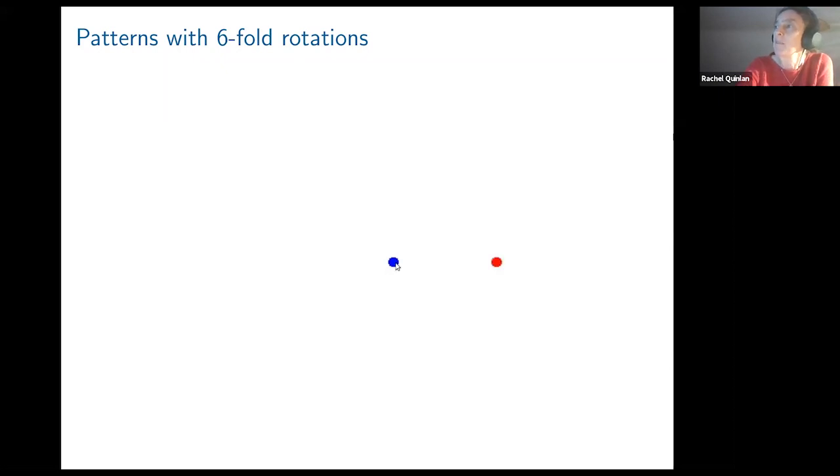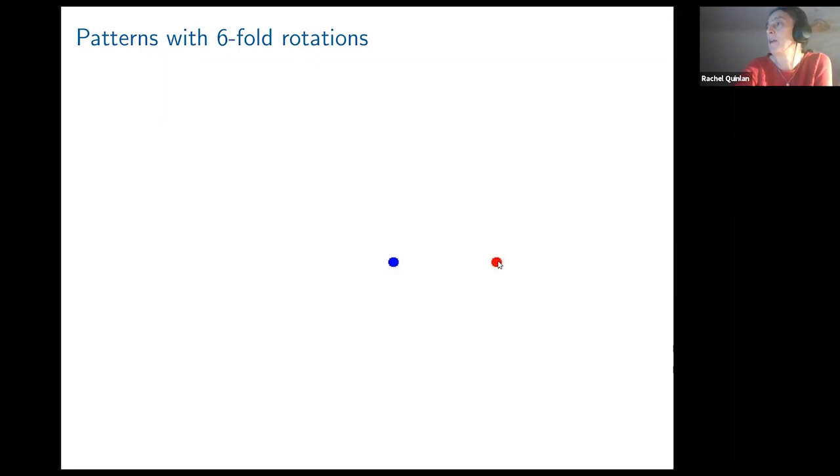And we're going to introduce another 6-fold rotation center, and we're assuming that the distance between these two is the shortest distance between any pair of 6-fold rotation centers in the whole pattern. So there is no pair nearer to each other than those two. And if we do that, then the knowledge that these are 6-fold rotation centers tells us where we can expect to find more of them.